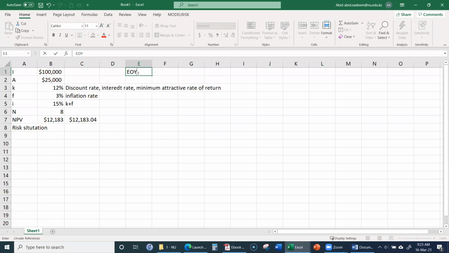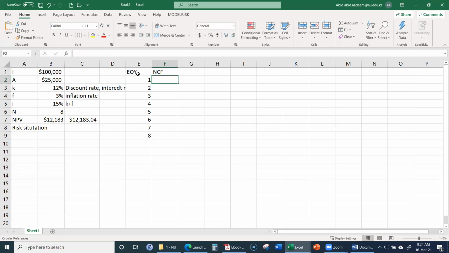So we can see each year 1, 2, 3, 4, 5, 6, 7, 8. Let's see what the situation is each year. I use the term NCF, which is the net cash flow.